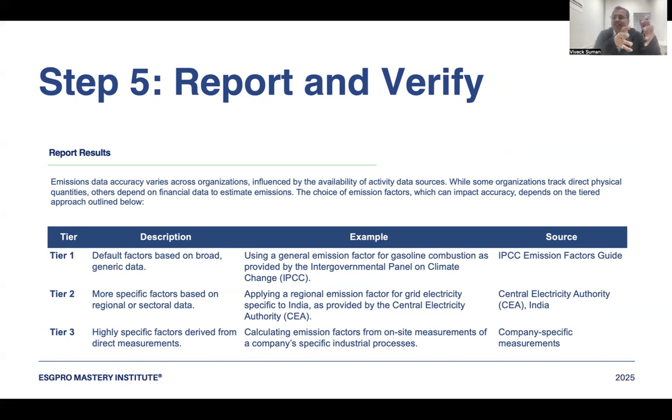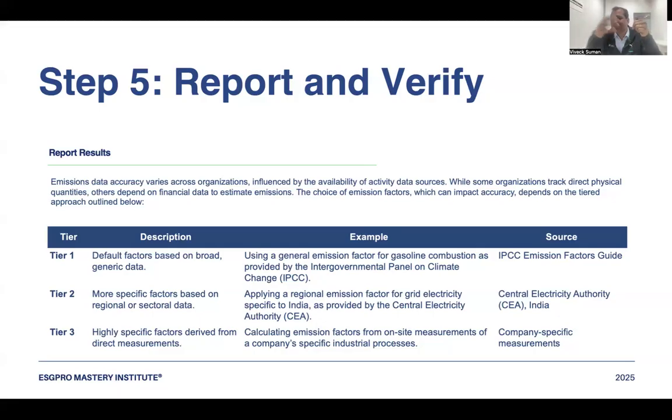And second is your activity-based data, where you can calculate the quantity of that activity source, like fuel in the case of gas meters, etc. So that number in terms of units is also essential. So either of these two you can use, or a combination also you can use sometimes.